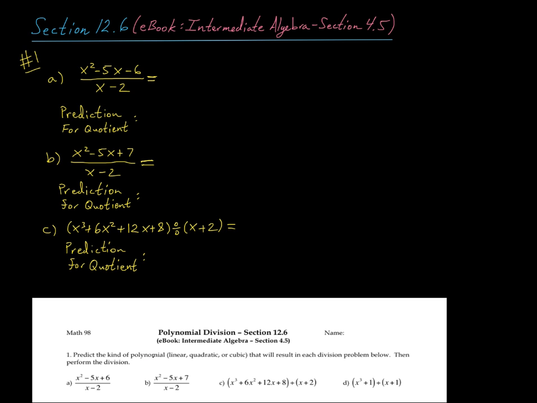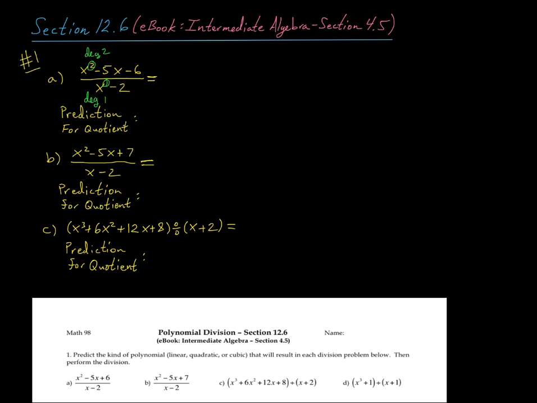So when they say predict the kind of polynomial, linear, quadratic, or cubic, that will result in each division, what exactly are they saying? Well, in A, I have, notice, a degree 2 polynomial in the numerator, and it's being divided by a degree 1 polynomial. And as we observed in the intro video, the quotient here will have a degree that's equal to the difference in these degrees.